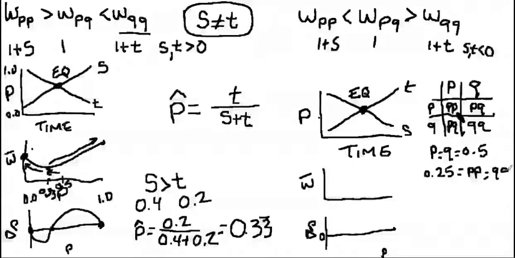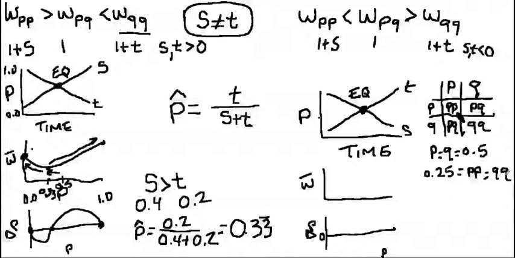But now, since S and T are not equal to each other, that means that one of these genotypes is worse than the other one. So by keeping my equilibrium frequency with maximizing the number of heterozygotes I get, it also means that I maximize the number of horrible genotypes I get, either the PP or the QQ.